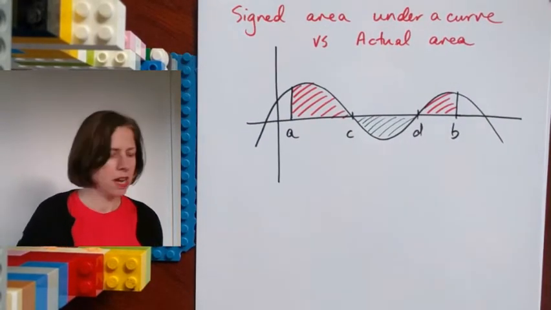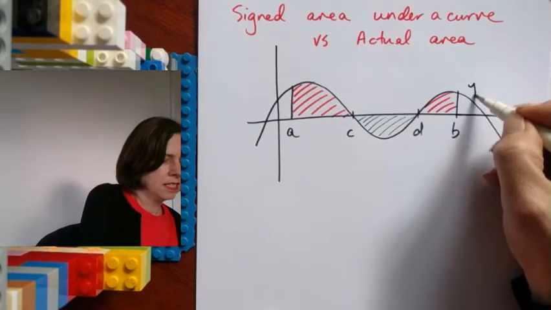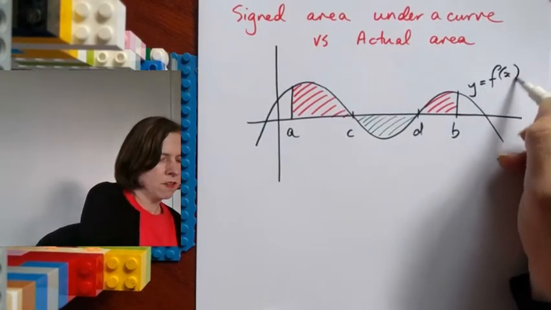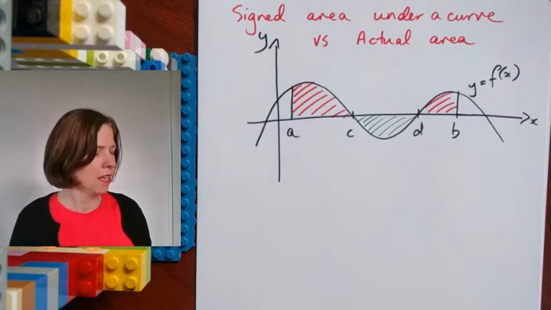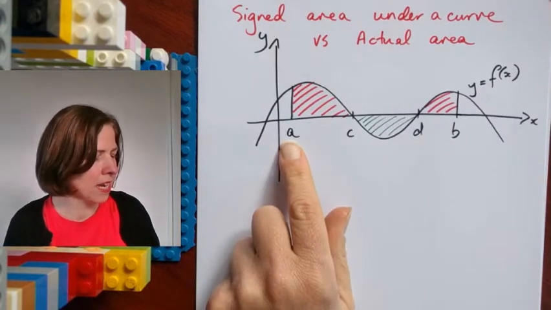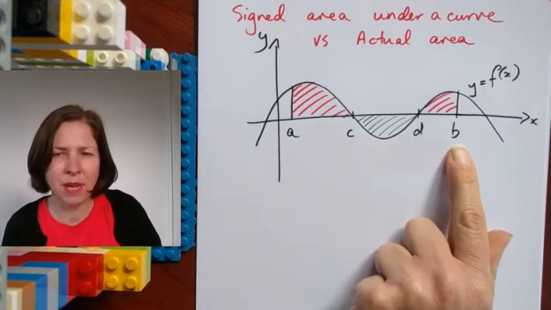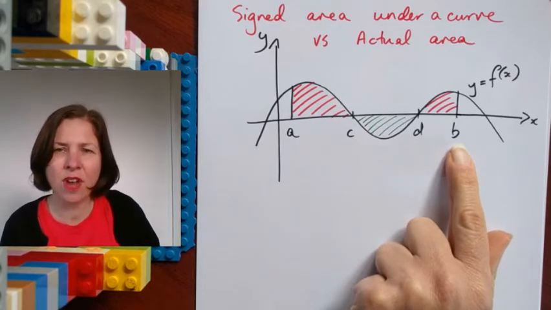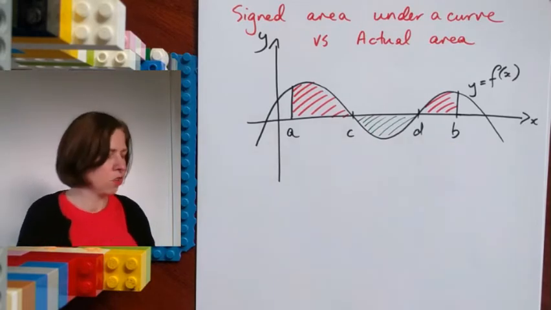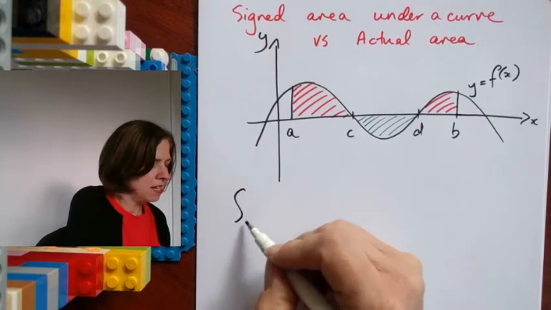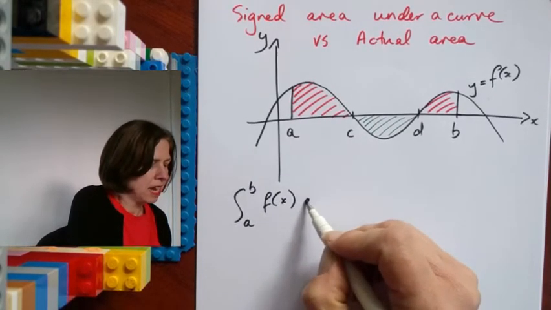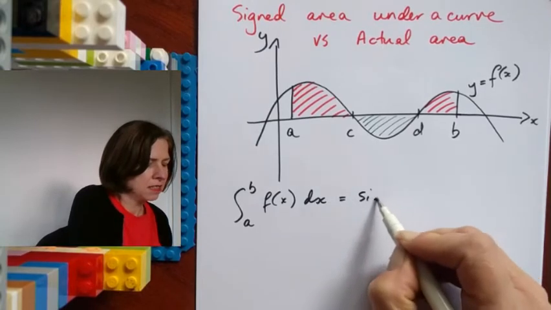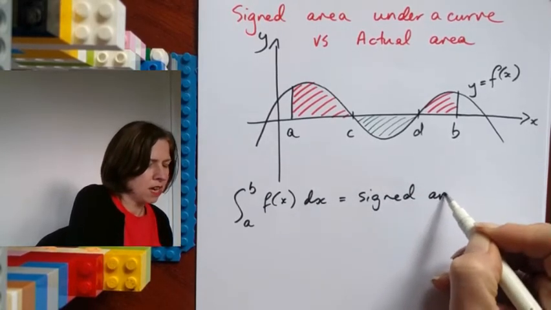So in the diagram that I've drawn here, this is a function y equals f of x, and I have an interval from a to b, and I want to calculate the area under the curve. So if I calculate the integral from a to b of f of x dx, I'm going to get the signed area.